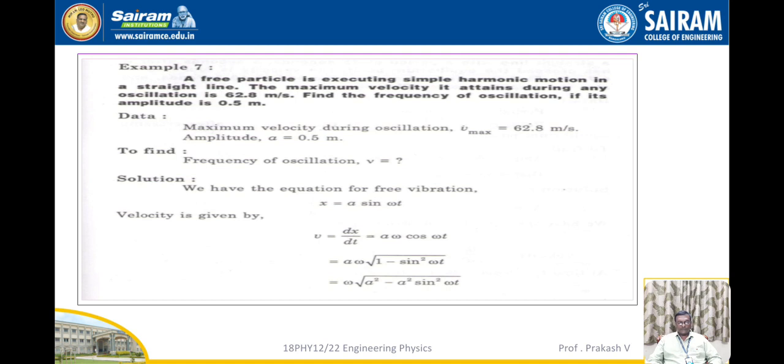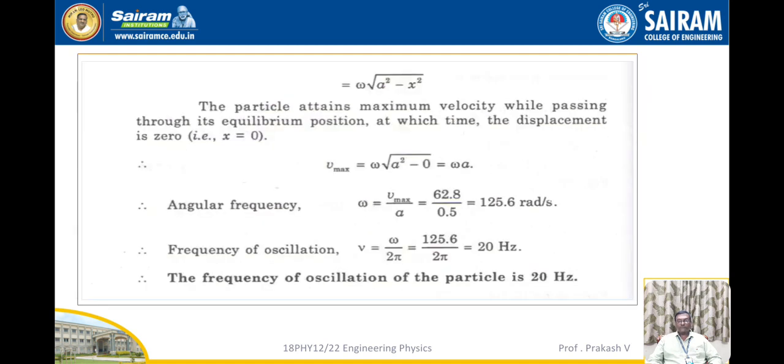So after simplification, the angular frequency omega is equal to 125.6 radians per second. And the frequency of oscillation, that is mu, is equal to omega by 2 pi, that is equal to 125.6 by 2 pi. So finally the value of mu is equal to 20 Hz. Therefore the frequency of oscillation of the particle is calculated as 20 Hz.